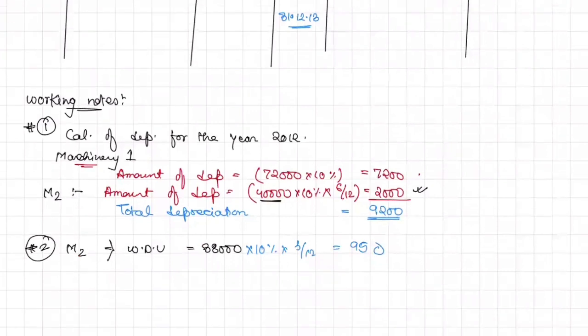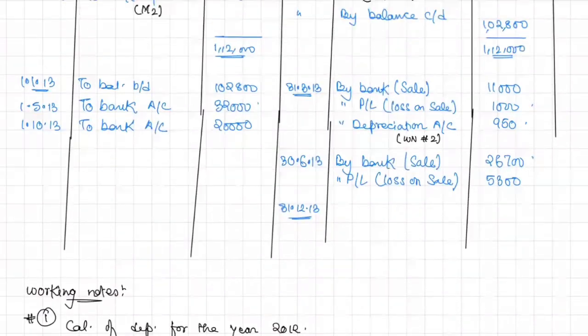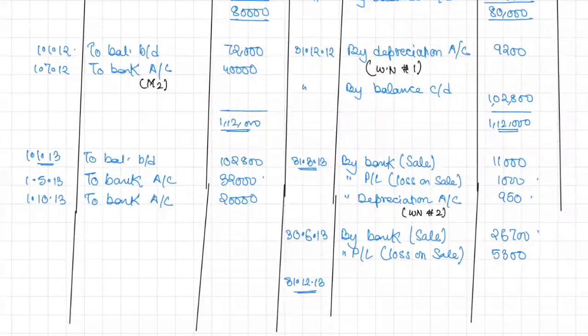Now see, M1 is still there, correct? M2 is being sold over here. I'll write M2 over here. Then M3 came and it was again sold. But M4 is still there.